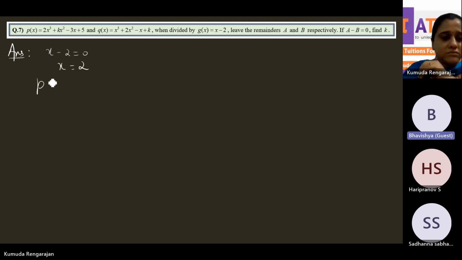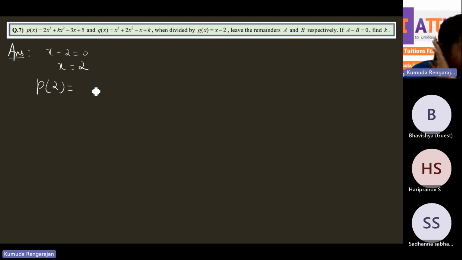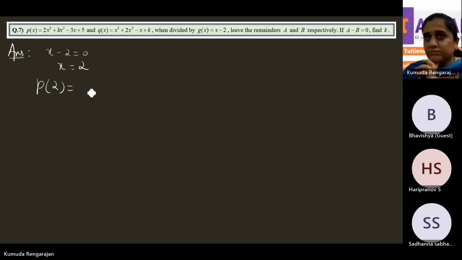Ma'am, p of 2 is equal to 2 into 2. No. Hari, Pranav, what is p of 2 equal to? Miss, one minute, I'll read the question along. Yeah, keep the answer ready.